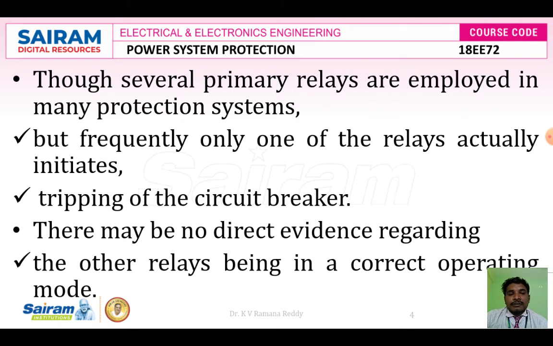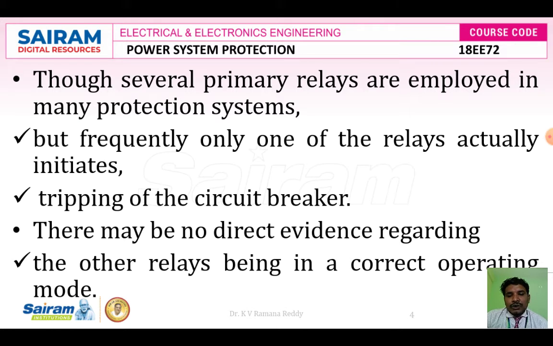Though several primary relays are employed in many protection systems, frequently only one of the relays actually initiates tripping of the circuit breaker. So the purpose of the primary relay is to provide primary protection and to trip the circuit breaker.